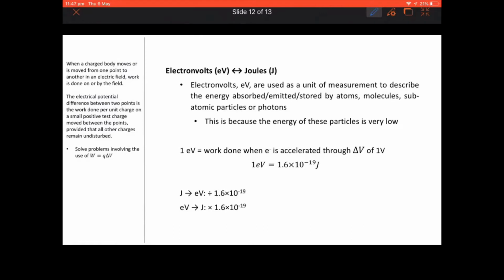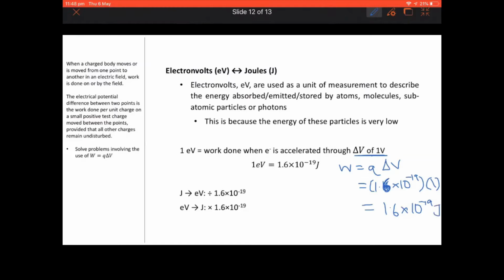And the reason this is the case is because work is equal to charge by potential difference. If our charge is 1.6 by 10 to the negative 19, and we're going through a potential difference of 1 volt, then our work is going to just be equal to 1.6 by 10 to the negative 19 joules.